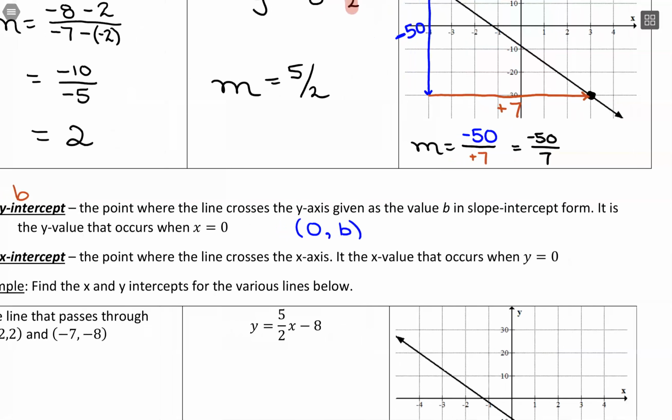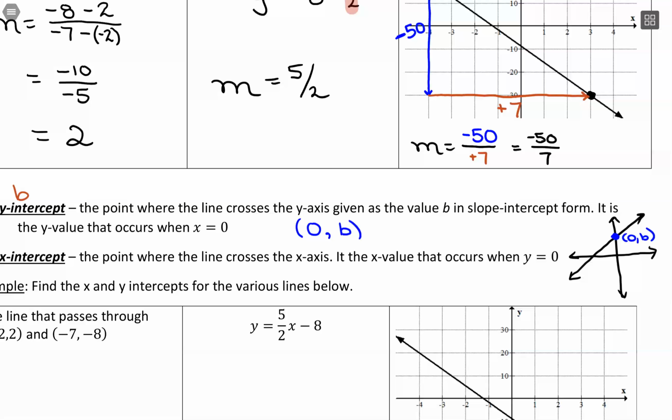So if we had a graph, and say we have our axes and I graph something linear, our y-intercept would be this point right here. That would be our (0, b), crossing that y-axis, because x would be 0, but then we'd have some output for y.